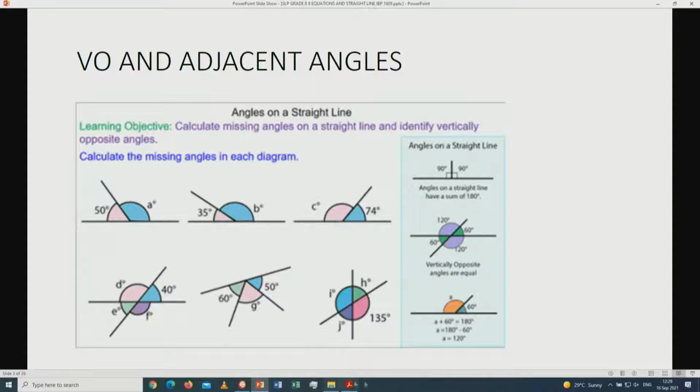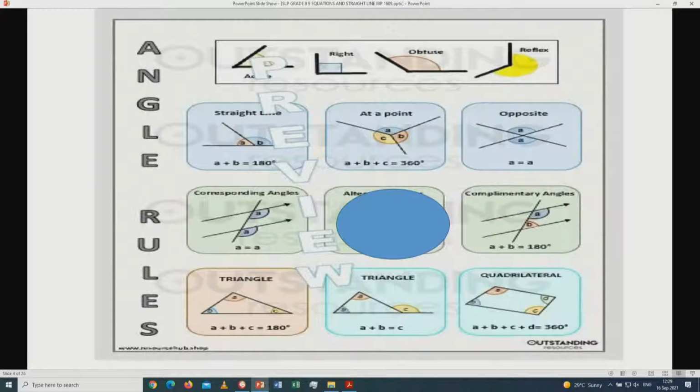And here at the bottom, they show you the transposition method. A plus 60 equals 180 degrees, A equals 180 minus 60, and then you've got your A when you solve that question. Right. Again, let's just recap, reminding each other. Doing something over and over again is very helpful.